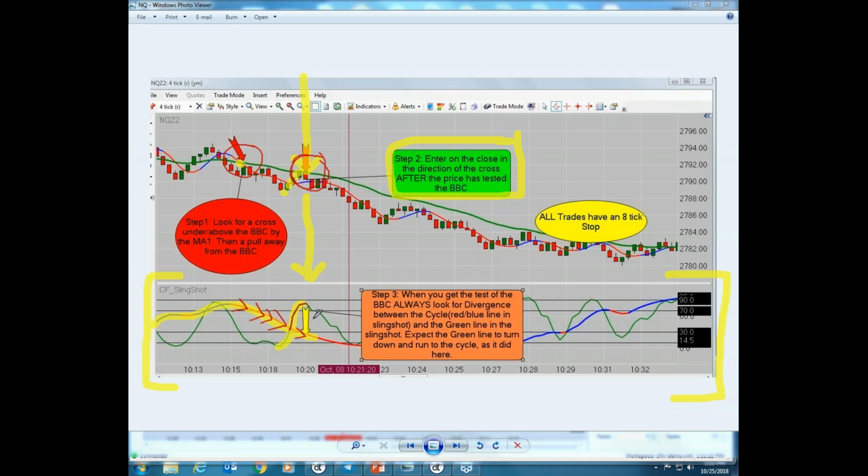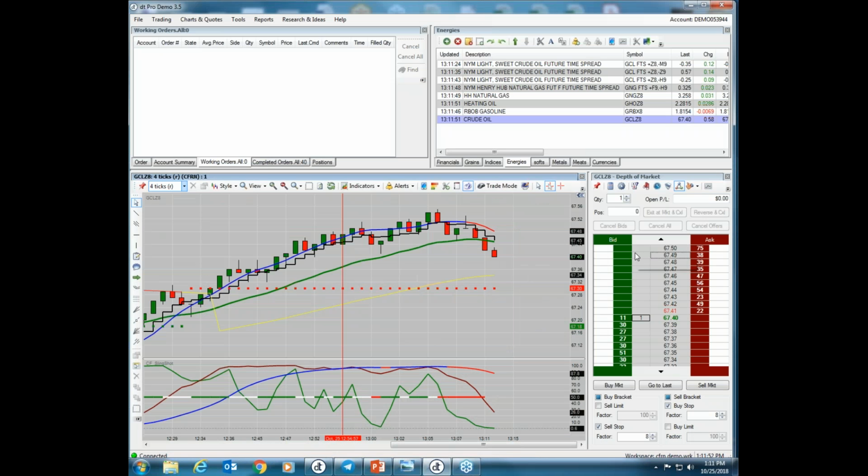And with the close here, this space between the green line and the cycle is the divergence that Michael's referring to in the training room. All right? So once you have that green line pulling away, once you have the divergence and the market confirming, hey, we got a down close in the direction of the trend, there's nothing else to do but to go inside the DOM and get short.